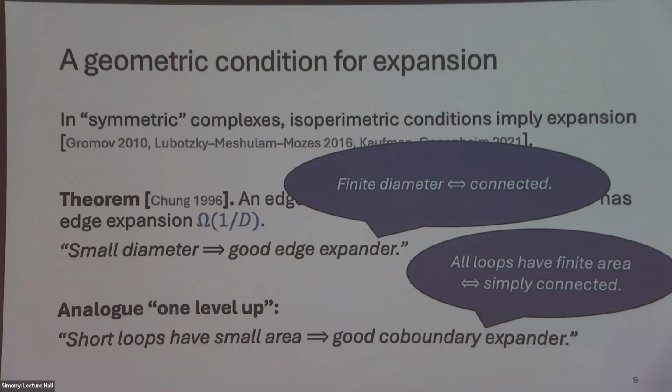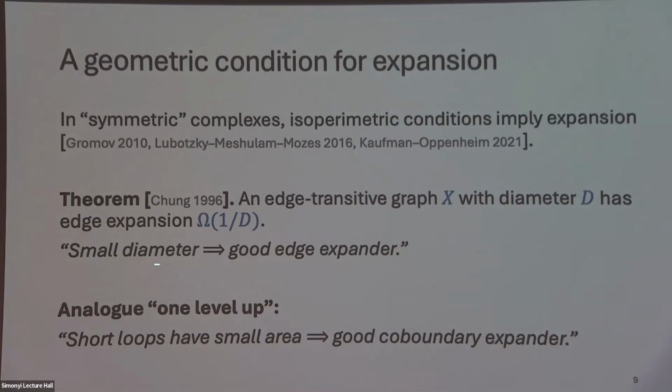A donut, for example, a torus, is not simply connected because it has a hole in it, which can be expressed as saying that there's a loop in a torus that cannot be filled in by the surface of the torus. Just like in a graph, if you don't care about quantitative aspects, you could say that a graph is connected if and only if the diameter is finite, which means there's a path between every pair of vertices.